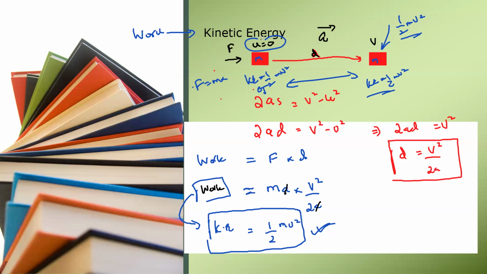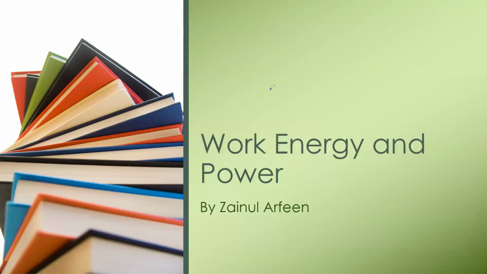That's how we work out the formula for kinetic energy, which is half mv square. Same thing, if there's an object of weight W, acting downward, and we lift this object to a certain height, and you want to calculate the work here.